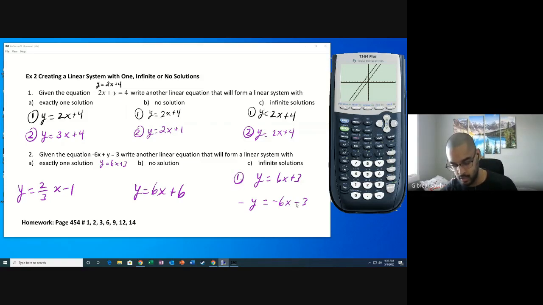Now if you remember, this isn't in slope-intercept form yet because that's negative y. Slope-intercept form says y has to be positive. So if you divided everything by a negative, you would actually get the same line. Kind of a little trick that you might see come up, so just be aware that if it's slope-intercept form, it does need to be positive y.